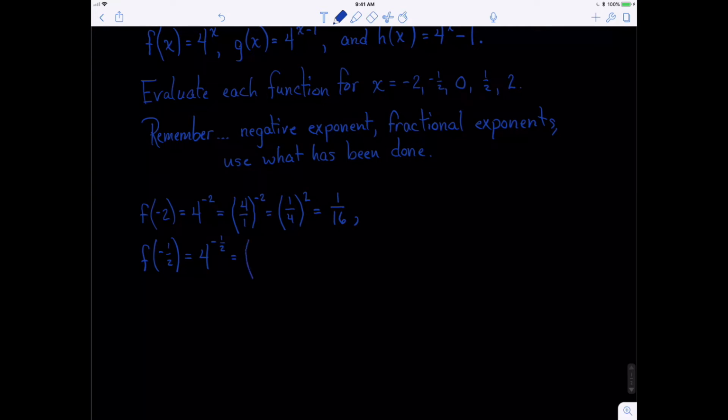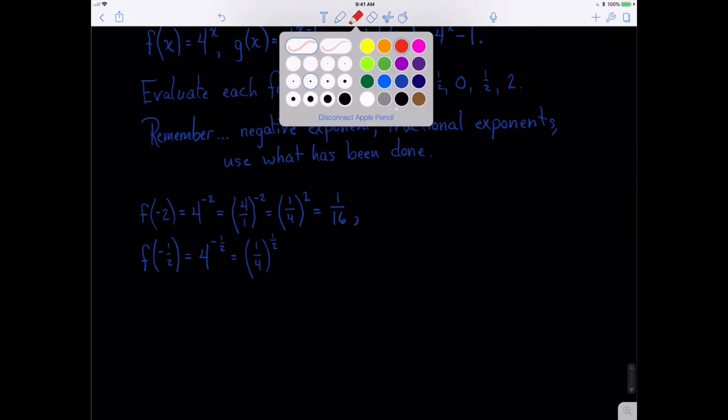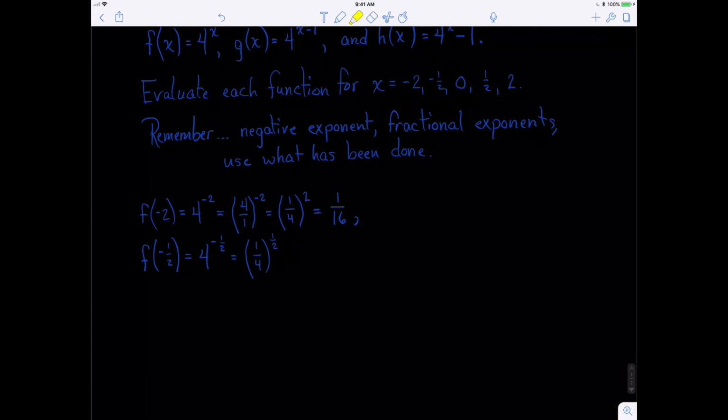So the problem is now 1/4 raised to the positive 1/2. See how we took advantage of what we had already seen in these two steps: writing the 4 as a fraction and then flipping it to get the positive exponent.